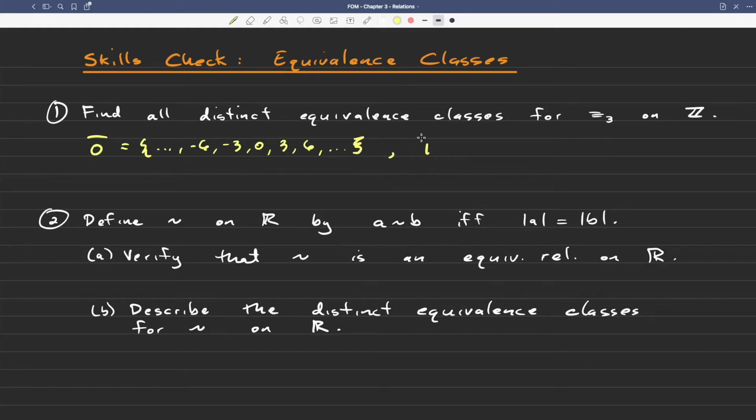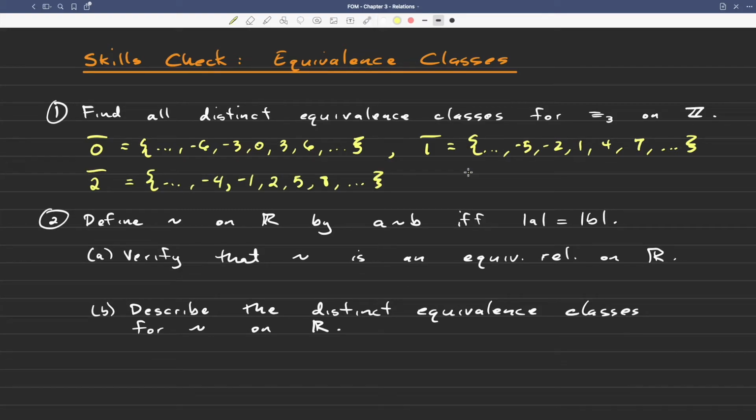Then you get 1 bar, those are the elements that have a remainder of 1 when you divide by 3. And you get 2 bar, the elements that have a remainder of 2 when you divide by 3.